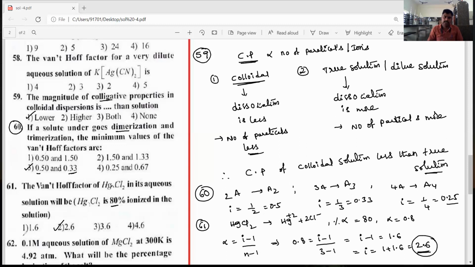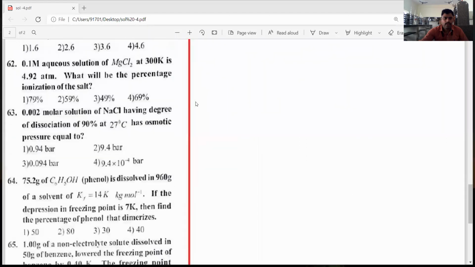Okay, dear students, let's go for the 62nd question. What is the given 62nd question? A 0.1 molar aqueous MgCl2 solution is present at 300 kelvins.